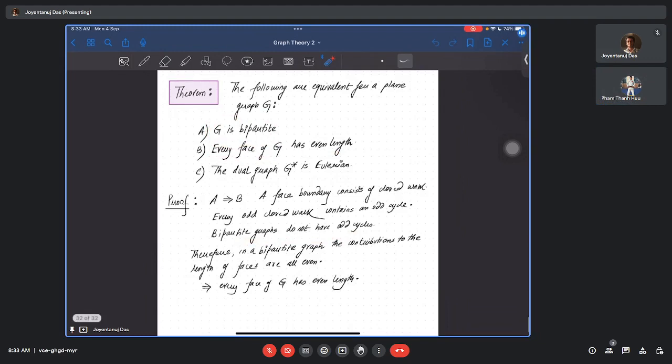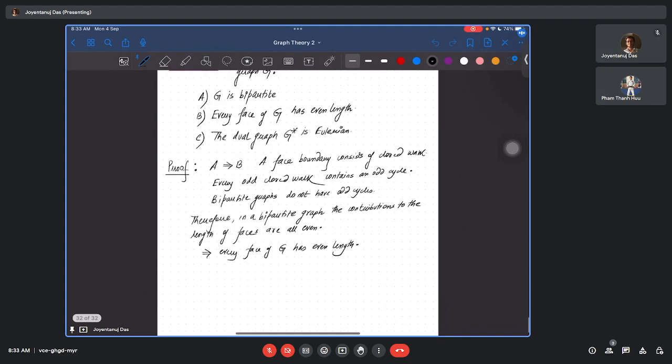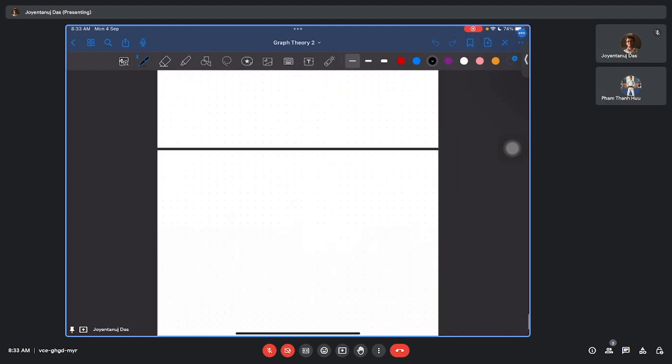So next we will prove B implies A. So we'll assume that every face has an even length. Then we'll show that G is bipartite.